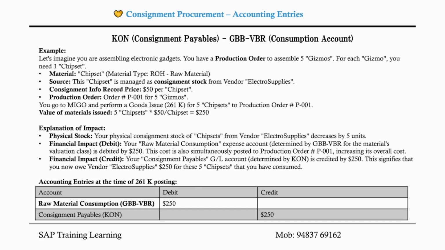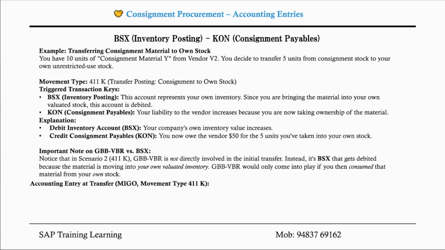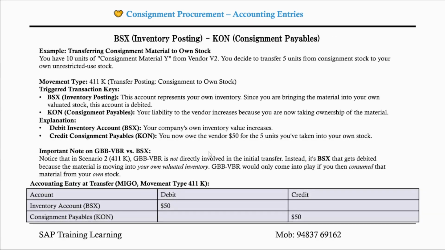When you are consuming, GBB VBR accounts only will come. But here, because of this movement type, it is hitting your inventory. That's the reason BSX will come, right? So your inventory account increased by 50, from where it got, from this KON account credited.